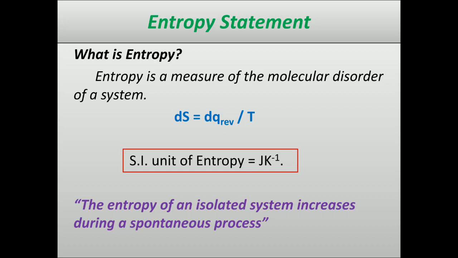So for an irreversible process, total entropy change is greater than 0, that is, delta S total is greater than 0.